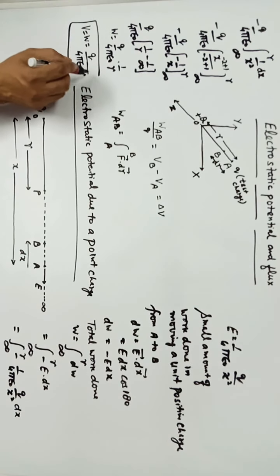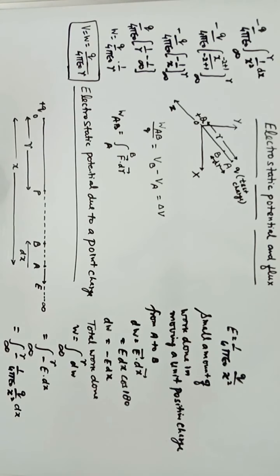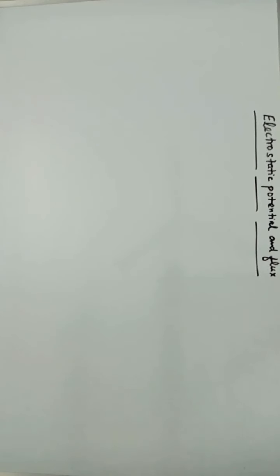This formula we use to calculate the potential at a point P. Now the variation of electrostatic potential V with distance and the variation of electric intensity E with distance.